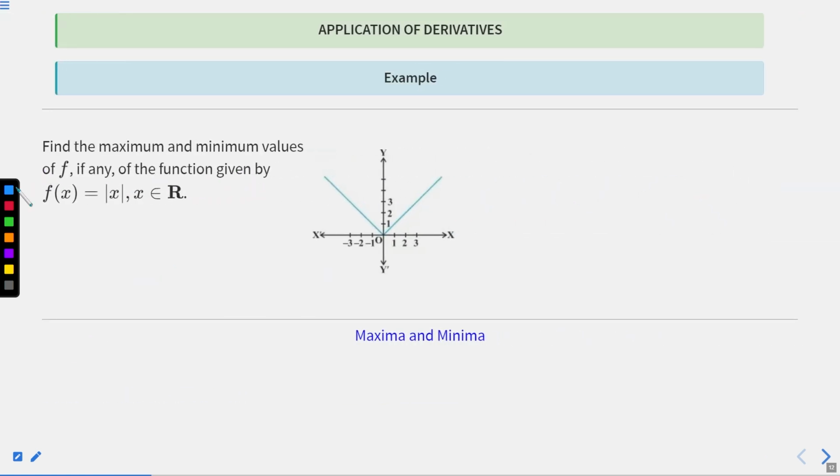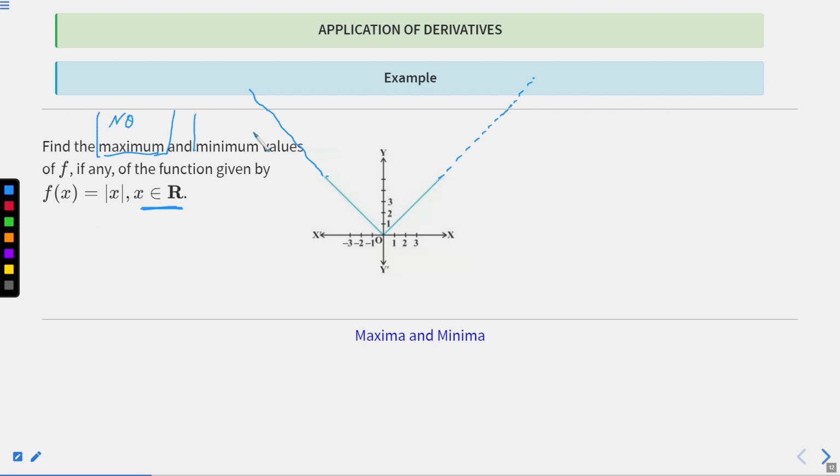Now suppose here, what about the maximum value? If the domain is the whole of R, then you can easily see that this part of the graph moves like this and this part moves like this. So you cannot have a maximum value, no maximum.